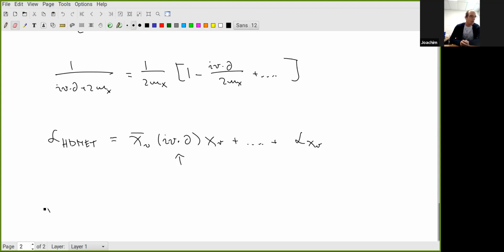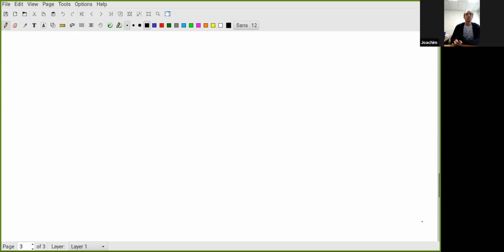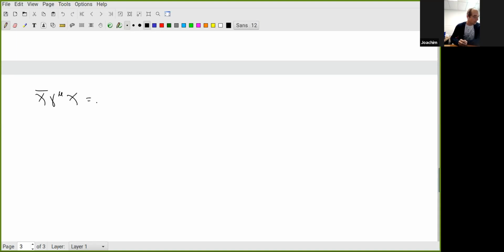So let me start a new page. We write chi bar gamma mu chi, and then we substitute our expression. So that gives chi bar v e to the i m chi v dot x gamma mu e to the minus i m chi v dot x chi v.